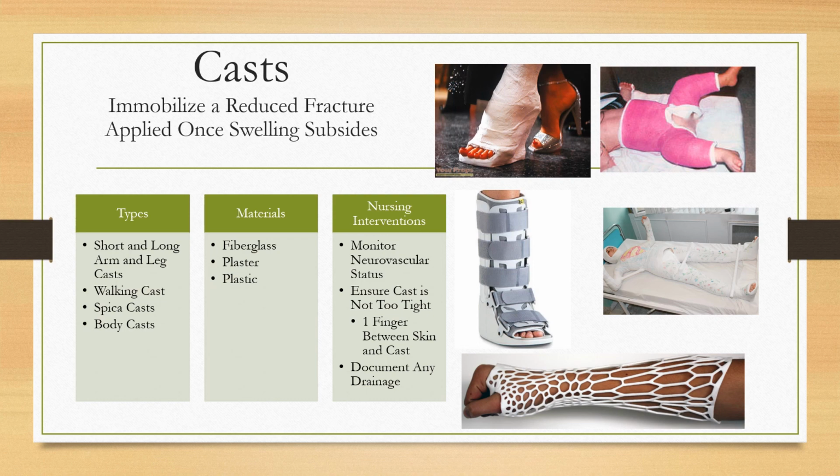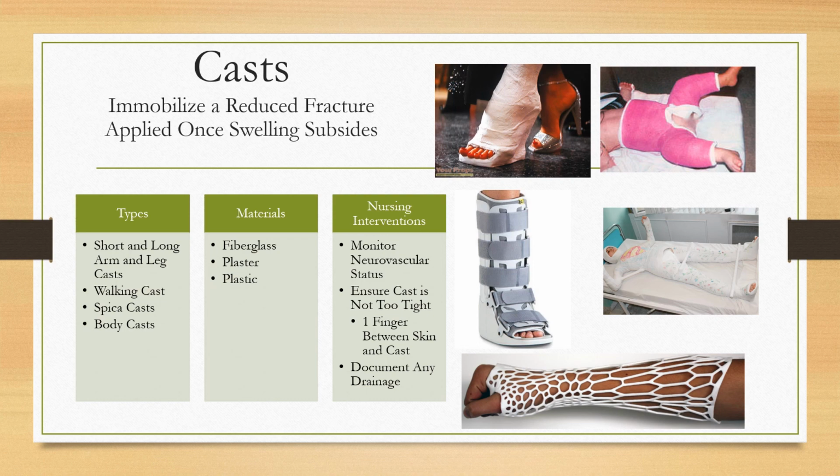So it's a stockinette that goes over the wrist area and the forearm. And then we're going to roll on some cotton padding on the area, and then we apply the cast, okay? And casts, even though they feel hard in about an hour, can take about 24 hours to really harden up, okay?